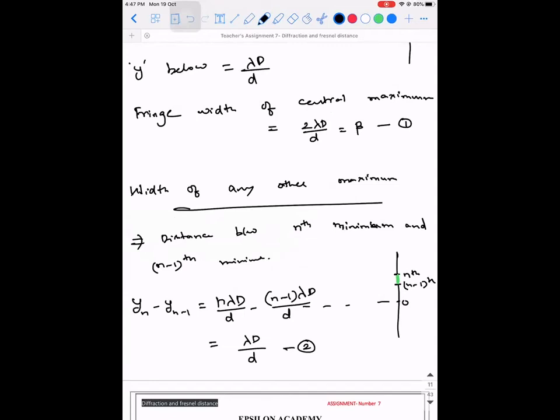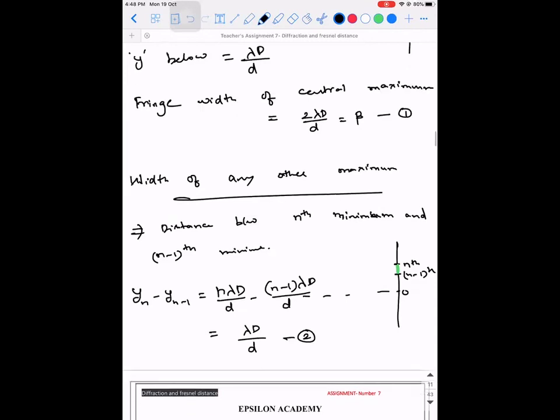So what is the relation between the first and second equation? The width of the central maximum is 2 times the width of any other maximum.